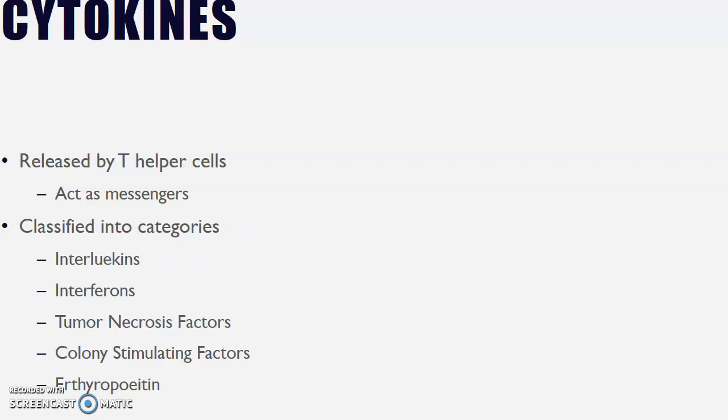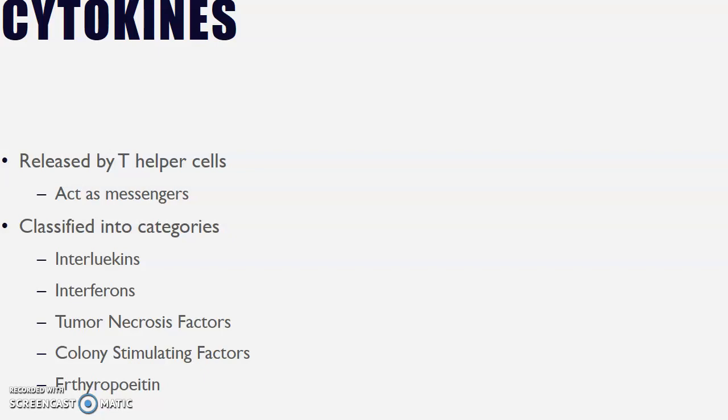Like I said, there's a lot of different interleukins. These are natural defense. The interferons help the body build the defense and attack tumors and viruses. It's not directly antiviral, but it produces an antiviral effect.